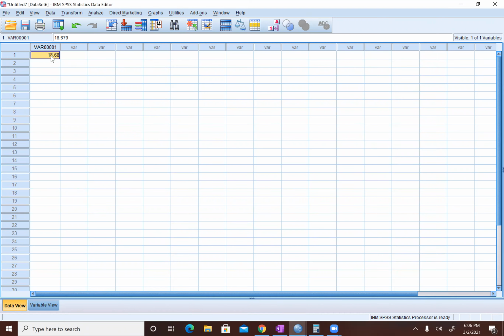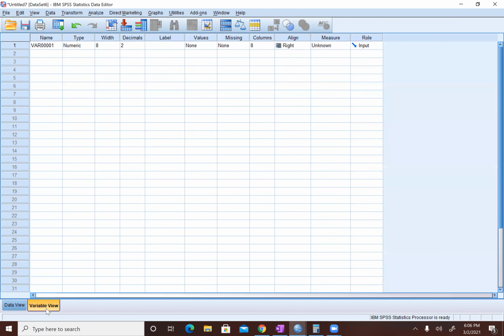Okay, so now here we encountered a problem that it's only retaining it up to 2 decimals, and you can see why: one of the properties defined over here is that the decimals are defined only up to 2 decimal points. This variable is defined up to 2 decimal points, so you can increase it. Let me put it at 4.